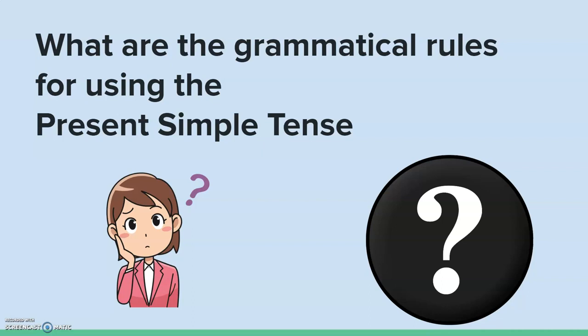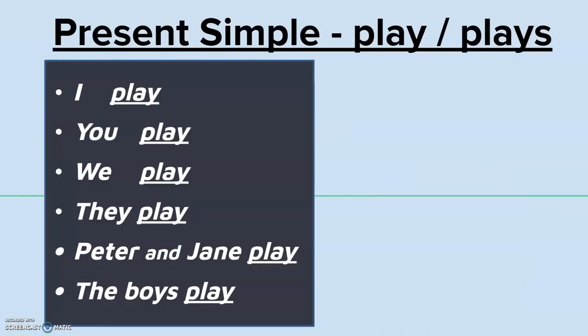So what are the grammatical rules for using the present simple tense? Well, let's start with the verb play. So when we use the pronouns I, you, we, they, we simply say play. And when we have a plural subject, like Peter and Jane, two people, or the boys, many boys, we also use the verb play.